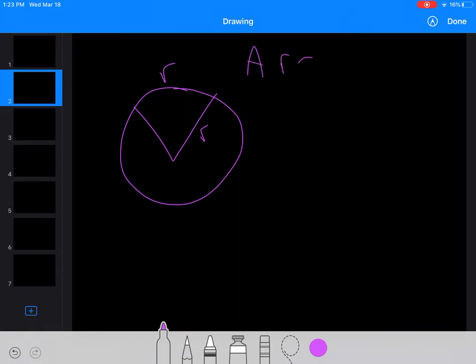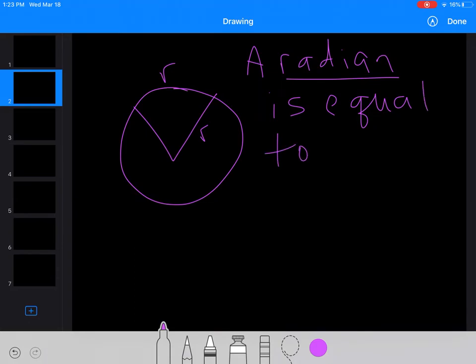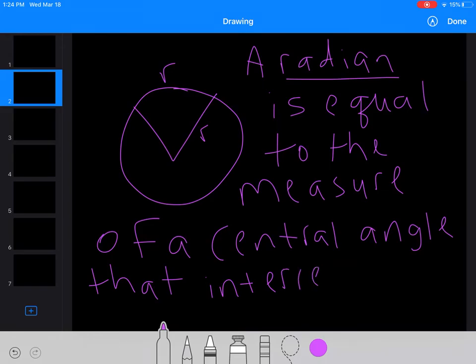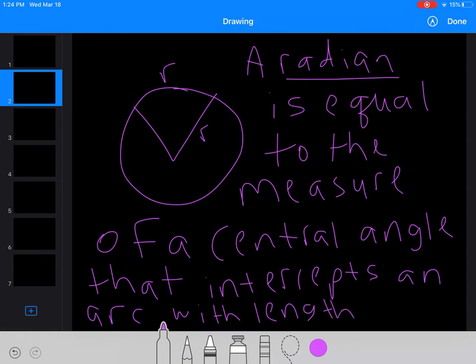A radian is equal to the measure of a central angle that intercepts an arc with length equal to the radius.